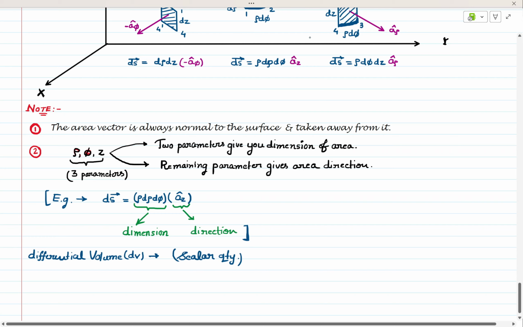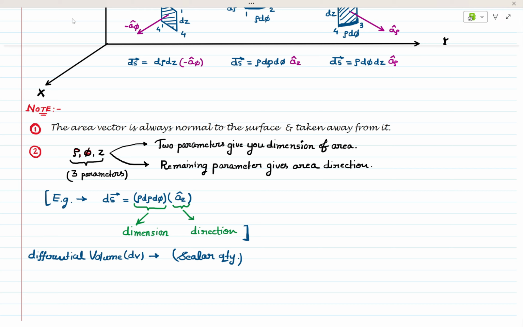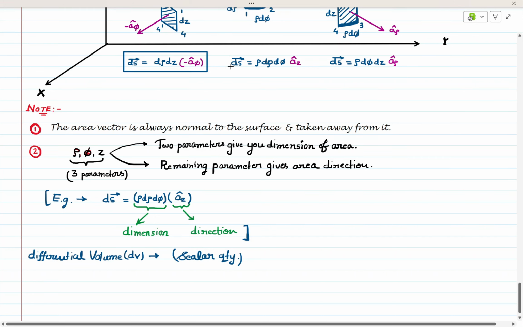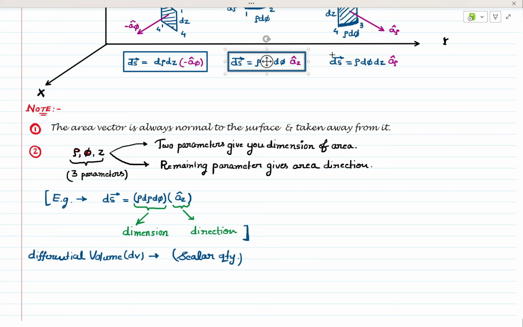Just a minute. Let me box these differential areas first, because the formula is very important. You have to remember it. So differential volume.